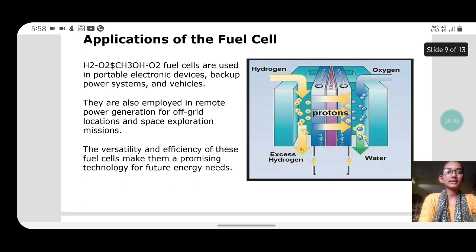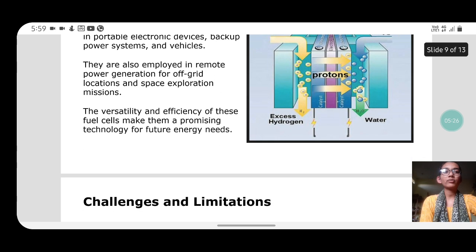Applications of fuel cells. Hydrogen-oxygen and methanol-oxygen fuel cells are used in portable electronic devices, backup power systems, and vehicles. They are also employed in remote power generation for off-grid locations and space exploration missions.